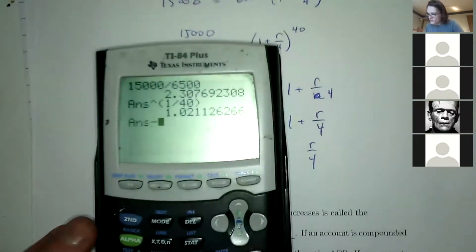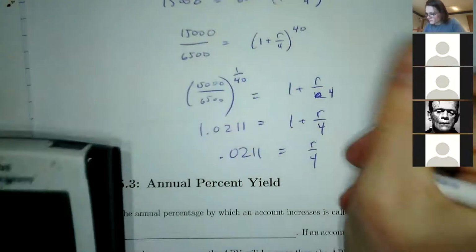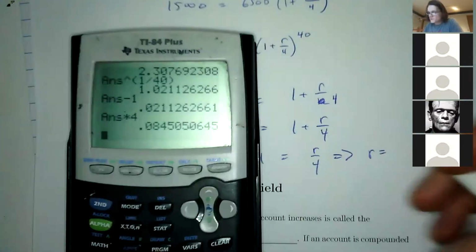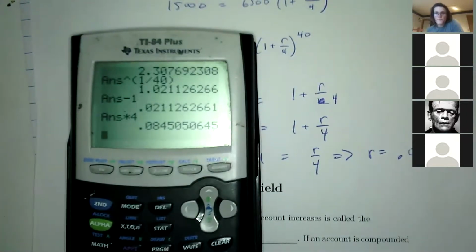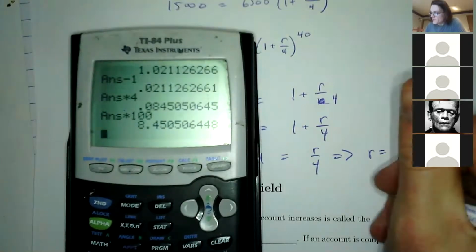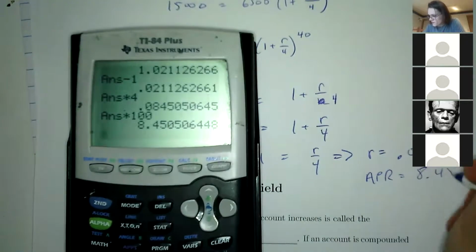So r equals this number, just about 0.0845. All right. And it might look weird, right? But it's a decimal, convert to a percent. So multiply times 100. So your rate, your APR is 8.45%.